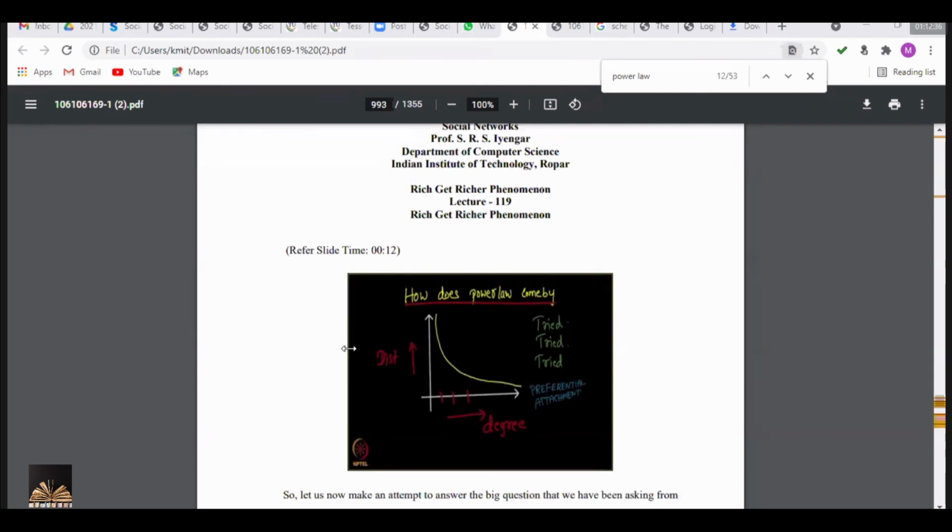Okay, and please listen here. Coming to the complete graph: when you say that the graph is complete, every node is connected to every other node in the graph.